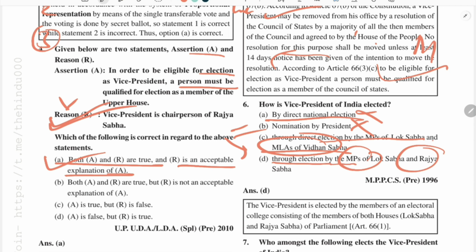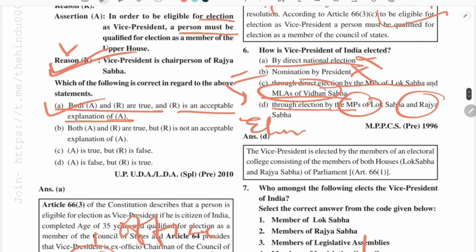So we have already studied that the electoral college for the election of the vice president consists of both houses of parliament, Lok Sabha and Rajya Sabha, and that too elected members and nominated members also. As I already told you, both elected and nominated members are part of the electoral college for the election of the vice president.